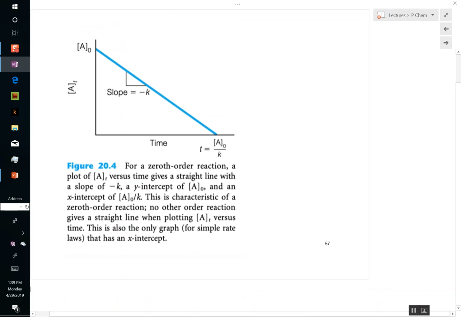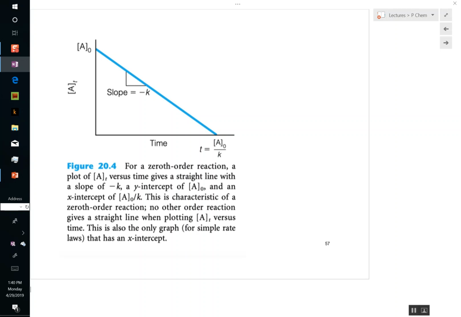Here's what it looks like. Here's a plot of a zero order reaction. It doesn't diminish off asymptotically. At one half-life, half of the material is gone. At two half-lives, it's all gone.